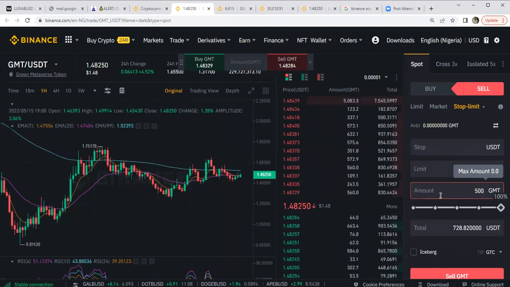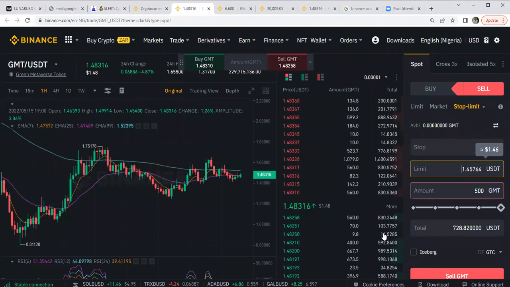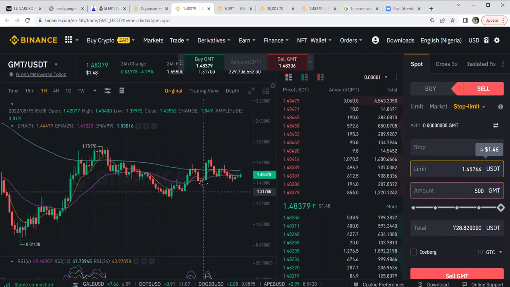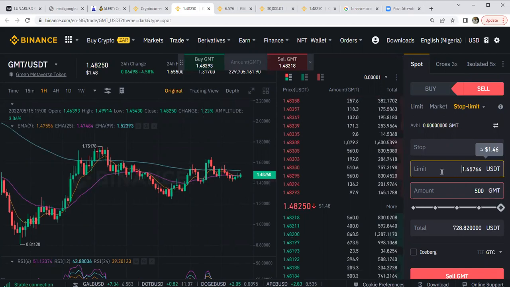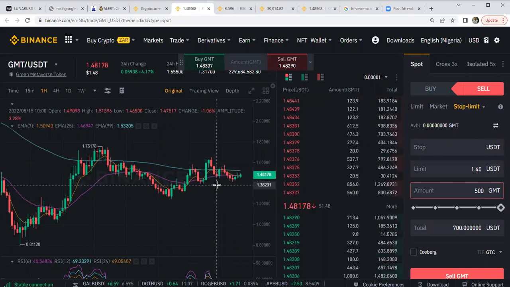Then you come to limit. Our support is 1.41. So in this limit, you say, okay, when the price comes down to 1.40, around this area, you are about to lose your money.